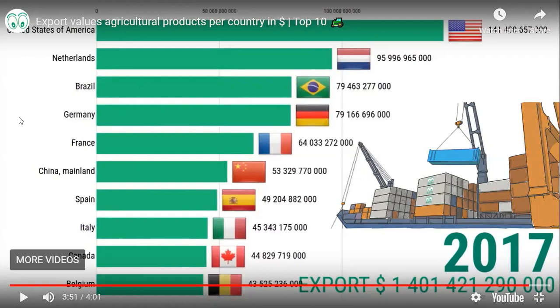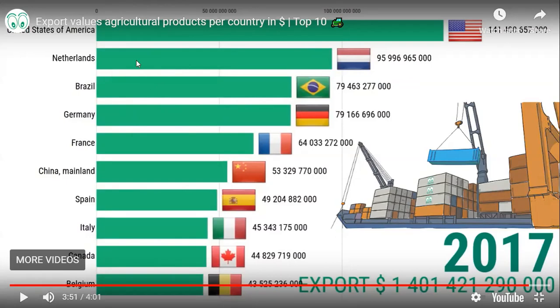So until we are able to export, and when we talk about export, it doesn't mean that we are exporting to any of these countries, but we are exporting out of our region to other countries. So if Nigeria is able to export to Ghana, to Niger, to South Africa, it's still export.